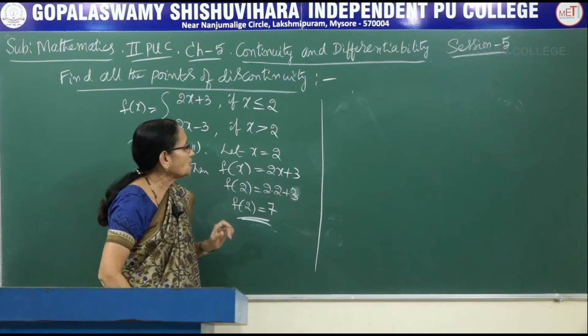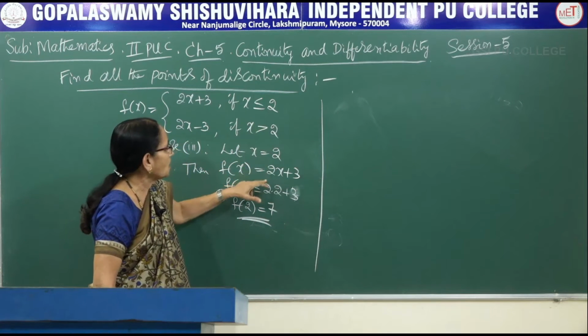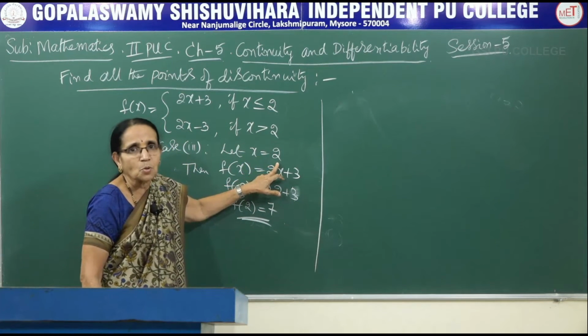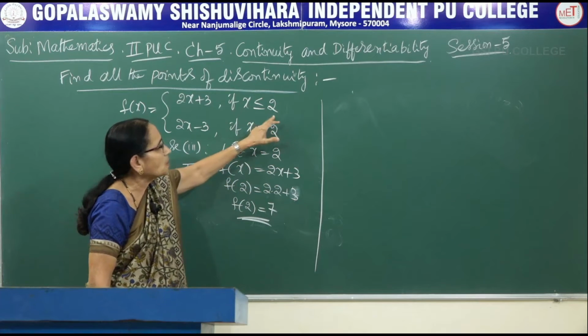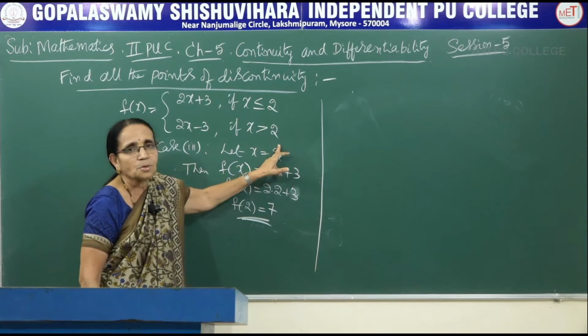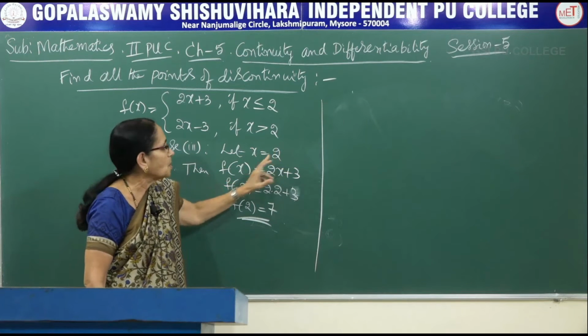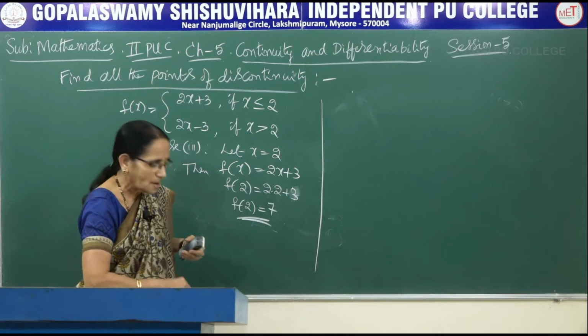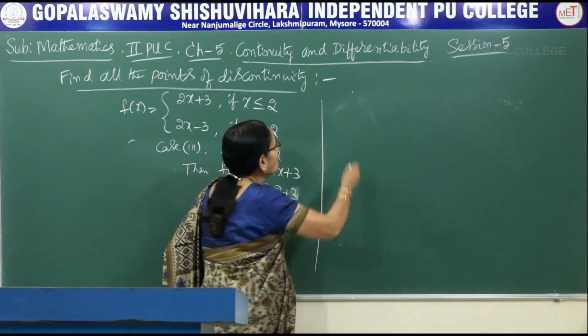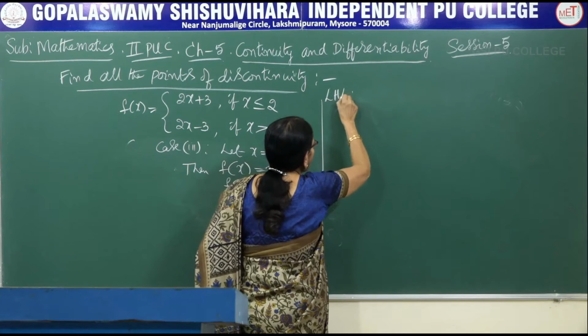Now, you observe here, when x takes the value 2, this number 2 can be approached in two different ways: through the values less than 2 and through the values greater than 2. Therefore, we have to consider the left hand limit as well as the right hand limit. First, let me take the left hand limit.